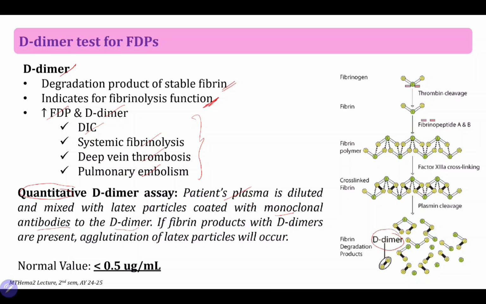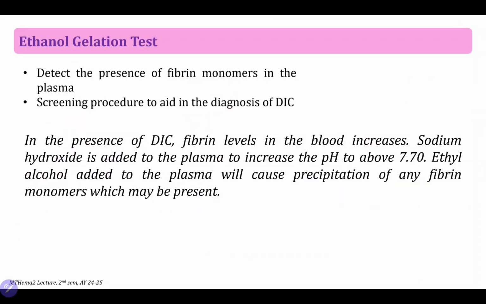Now, a normal value should be less than 0.5 micrograms per ml. If it is greater than 0.5, then that means you have increased D-dimer, so meaning our fibrinolysis is very active, which is also an indication for either thrombotic or bleeding disorders.